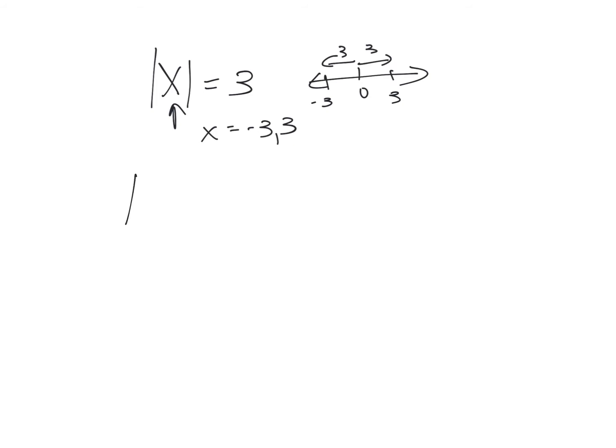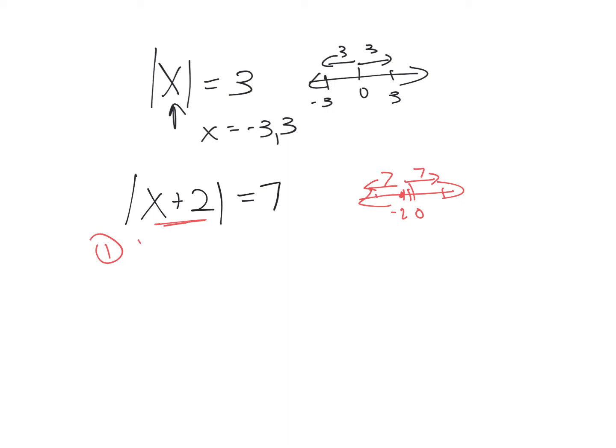So if I give you an example of the absolute value of x plus 2 equals 7, no longer is this x value at 0, it's actually at -2. And then we're going a distance of 7 and a distance of 7. And so then you get those values. You could do a number line and count that, or we could write an equation and solve it.